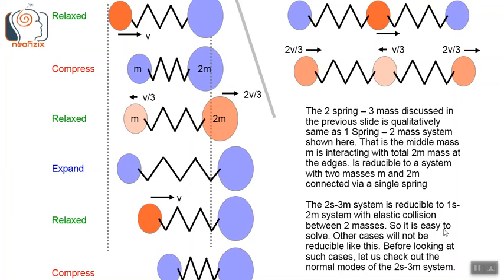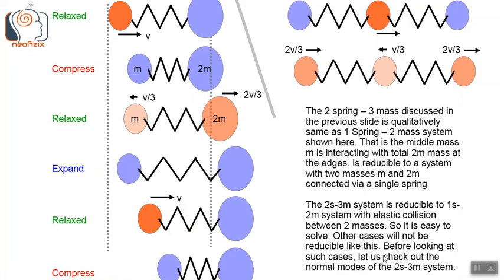So it is easy to solve even this system with three masses. This is a special case that can be solved. It's three masses, and we have the three equations with frequency conservation along with energy and momentum conservation. Most other cases will not be reducible like this.